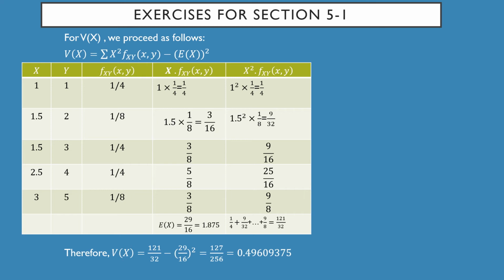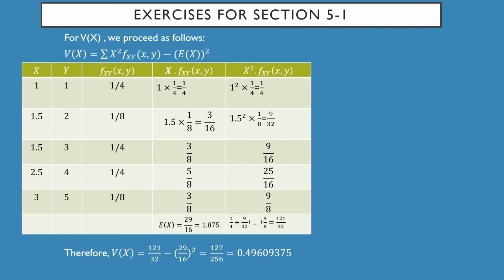So be careful, my dear students, when you have to find the variance for x, you need the sum of x power 2 into f, meaning the square of the values of x multiplied by their joint probability mass function values, and sum all the results, then minus the square of the mean of x.